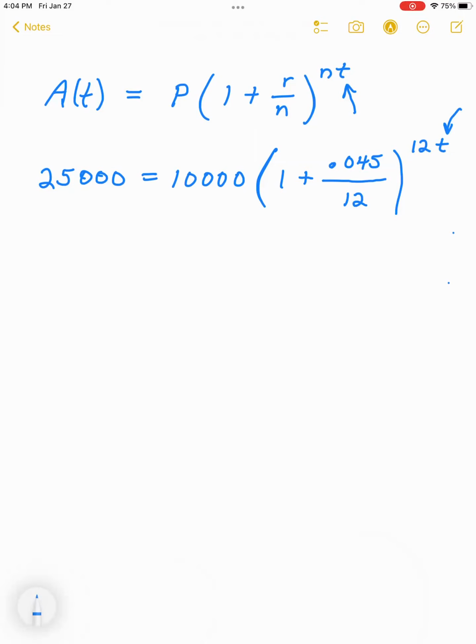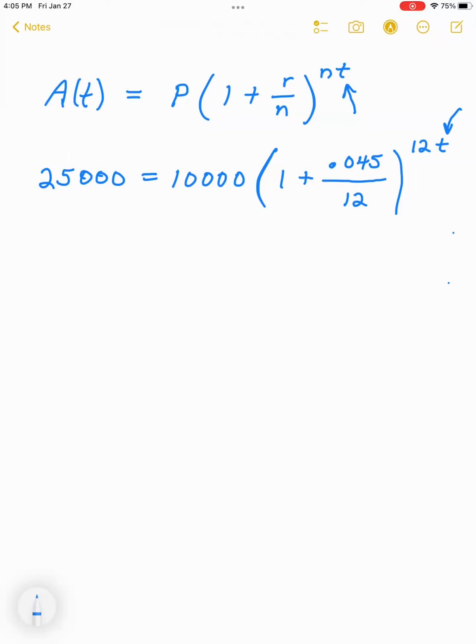To solve exponential equations, you must somehow get that exponent down so that you can work with it. The only way that you can get it lowered down where you can work with it is by taking a logarithm. Let me just demonstrate.